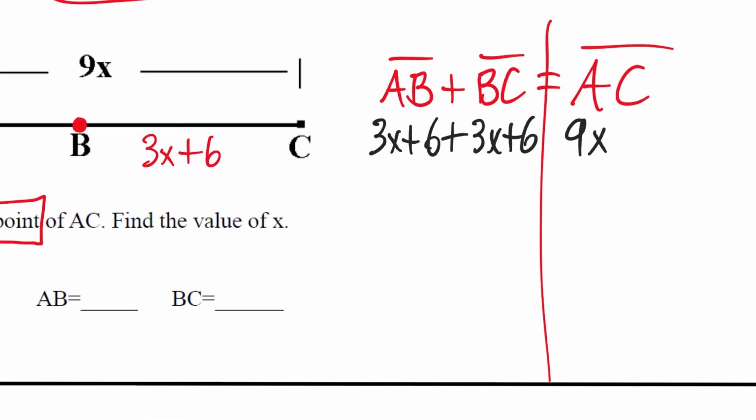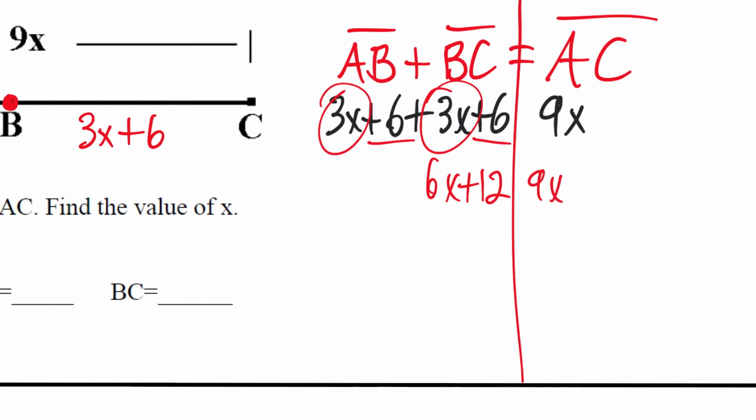Okay, so we have 3x and 3x makes 6x. 6 and 6 makes 12, equal to 9x. Now here, I still have x's in two different places, so I need to get those x's together. So I'm going to take 6x from both sides.